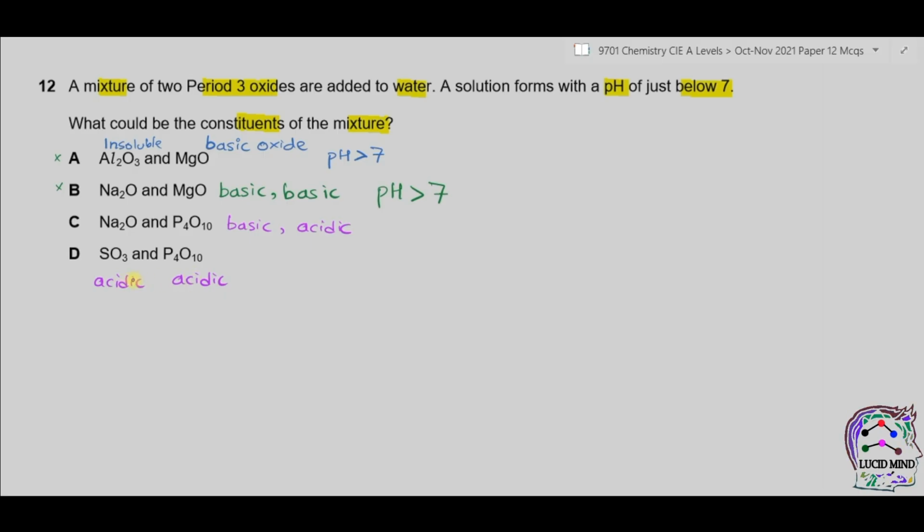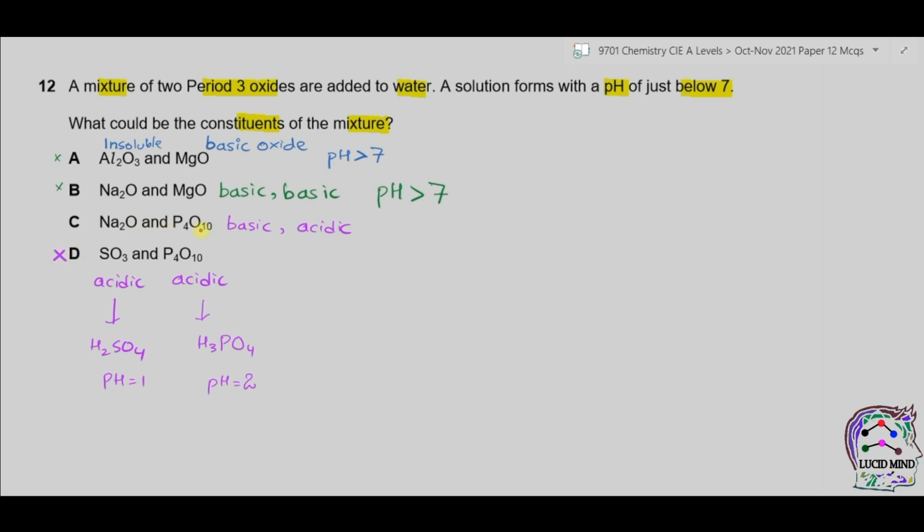As both are strong acids, this one can form H2SO4 whose pH is almost equal to 1. This one can form H3PO4 in water whose pH is almost equal to 2. So overall pH will be between 1 and 2. It cannot be just below 7, so this is also incorrect.